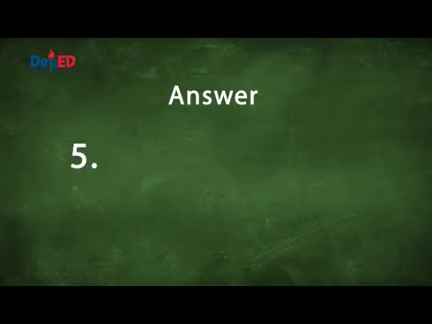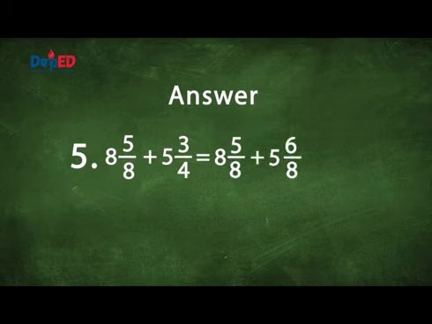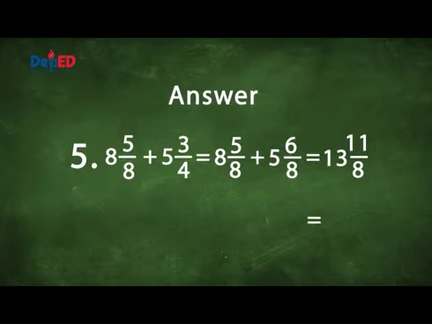Number 5. 8 5/8 plus 5 3/4 equals 8 5/8 plus 5 6/8 equals 13 11/8 equals blank and 3/8. Step 1.